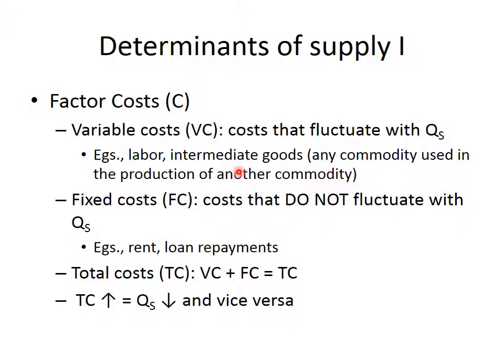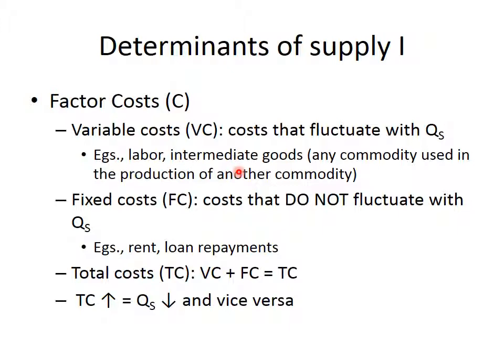In other words, if I decide to blow off class one day and don't drive to school, that reduces my variable cost because I don't have to buy the gasoline that gets me there. If I'm an online student exclusively and I don't go on ground, I can stay at home. I don't have to pay that variable cost of gasoline. So that's variable costs.